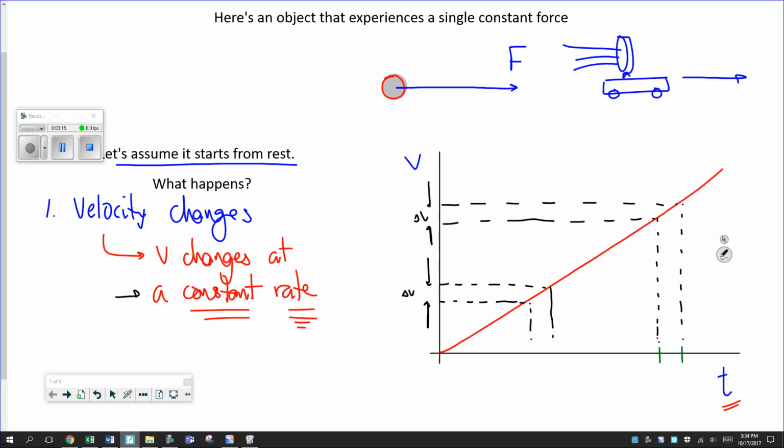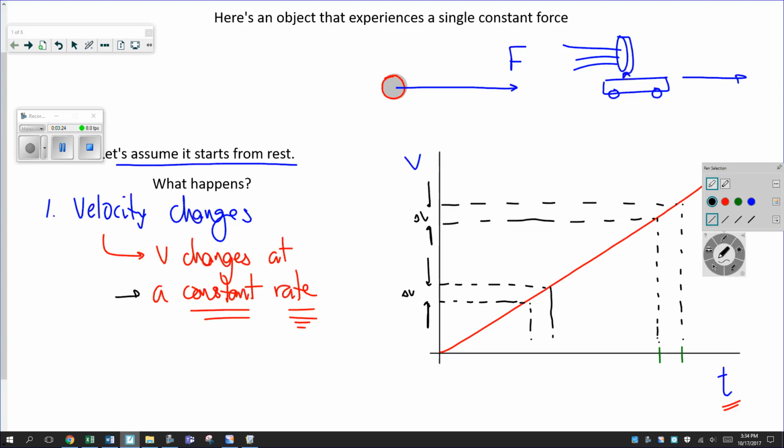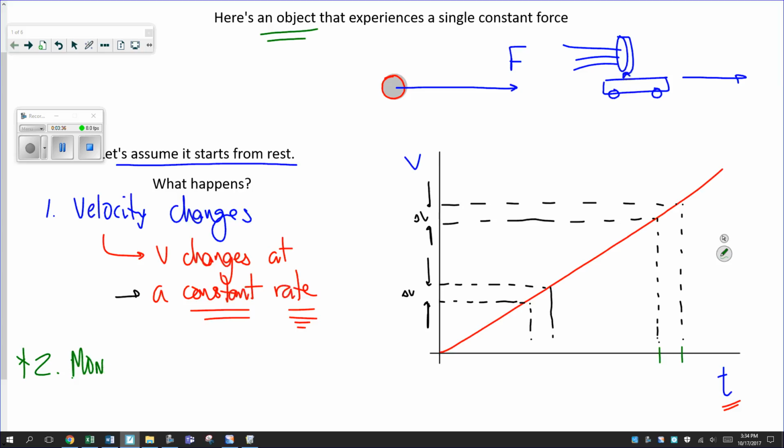Well, that's all well and good, but what we're interested in is momentum. Saying velocity is sort of like saying momentum, at least because we're talking about an object of a single mass. And so therefore, we can say, maybe more importantly, that momentum changes at a constant rate.